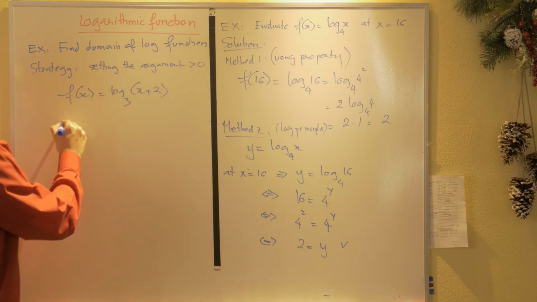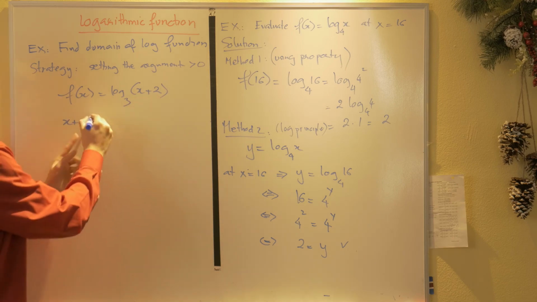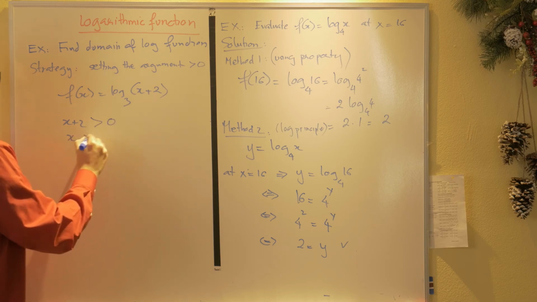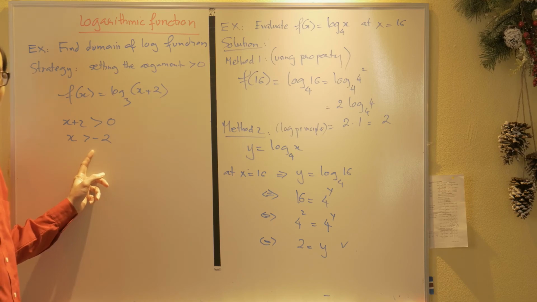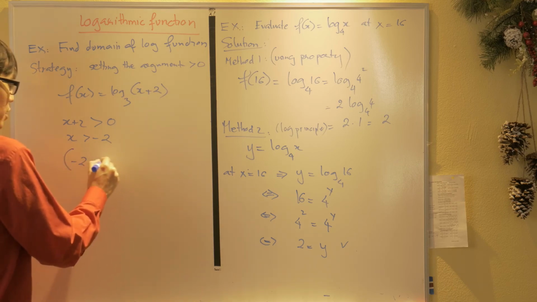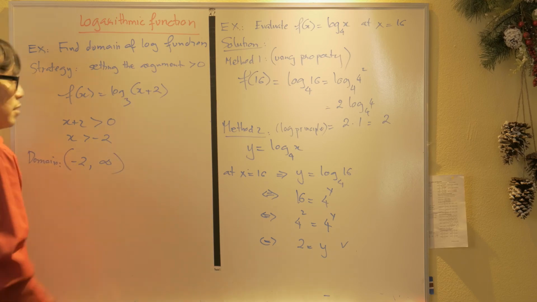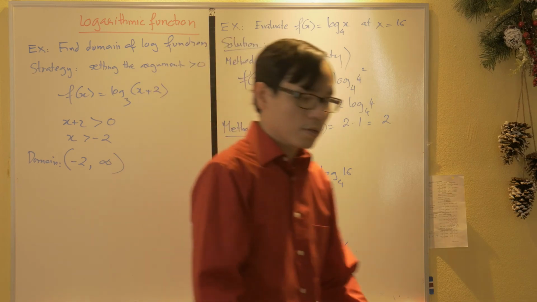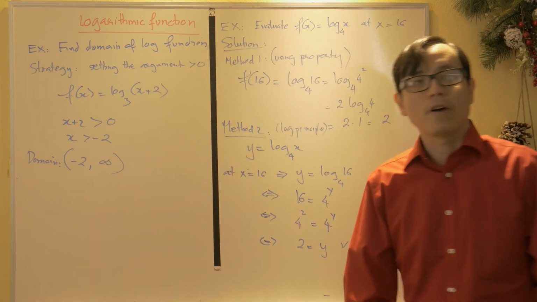So you set the argument, everything inside the parentheses, greater than 0, and you solve for x. And from here you can derive the interval notation: negative 2 to infinity. So that's it. And you use the same strategy when you find the domain of any log function.